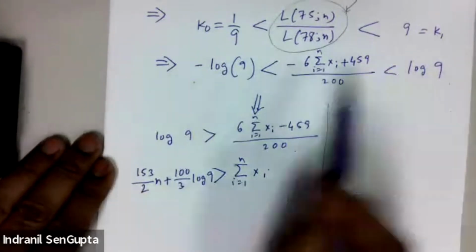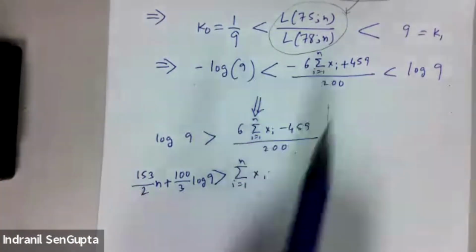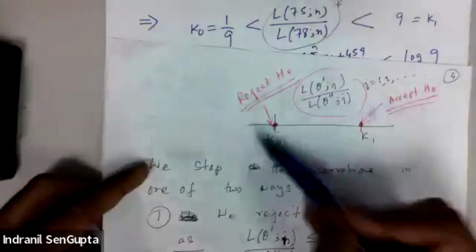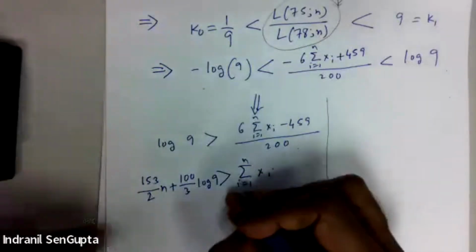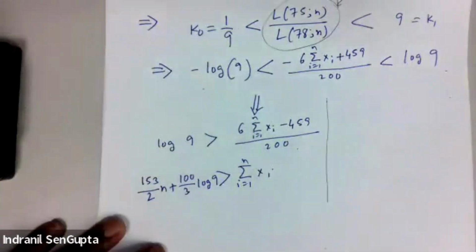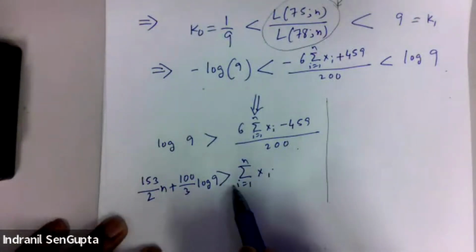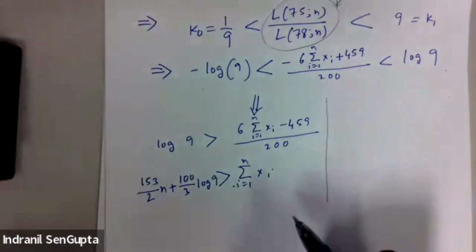So according to the regular test, when this quantity is hitting the left side of the picture, remember that we have done this. We reject the null hypothesis when this quantity is more than this one.